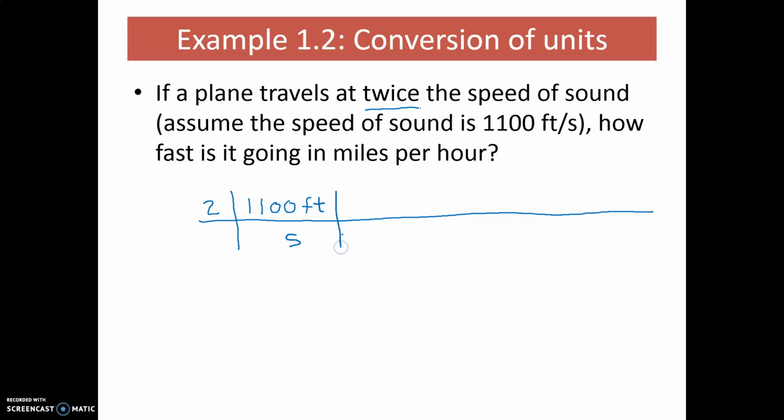We want to convert this into miles per hour, and this is based on the conversion factor that I refer to in the conversion table: 1 mile equals 5,280 feet.